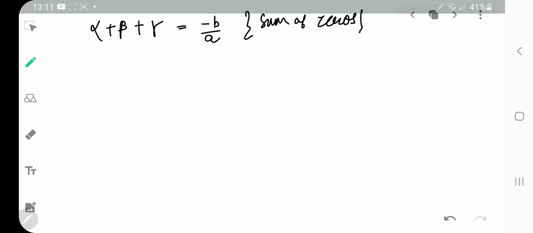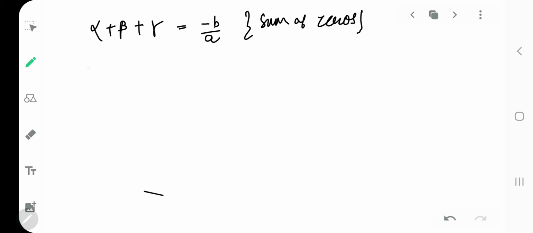I have explained this with 2 zeros also. And then alpha, beta, gamma product will be equal to minus constant term upon coefficient of x cube. Okay, product of zeros.